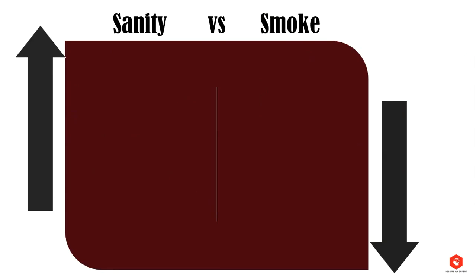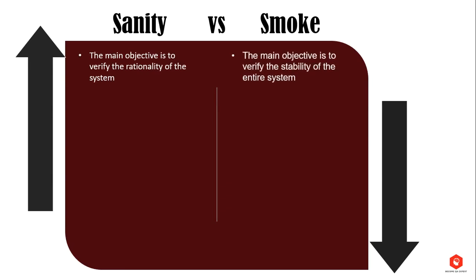Okay, so now let's see generally the differences between smoke and sanity, and remind ourselves what we have learned today. Differences. What is the main objective for sanity? It is to verify the rationality of a system, while on the other side, the main objective of smoke testing is to verify the stability of the entire system.